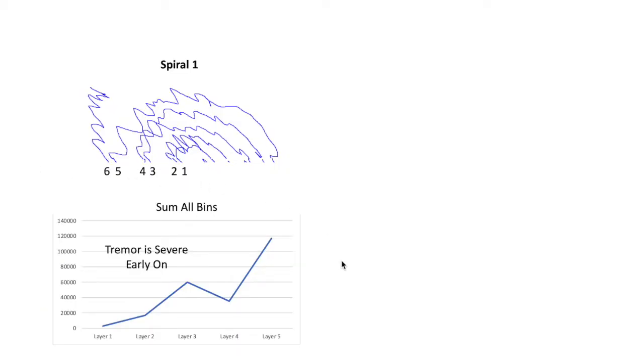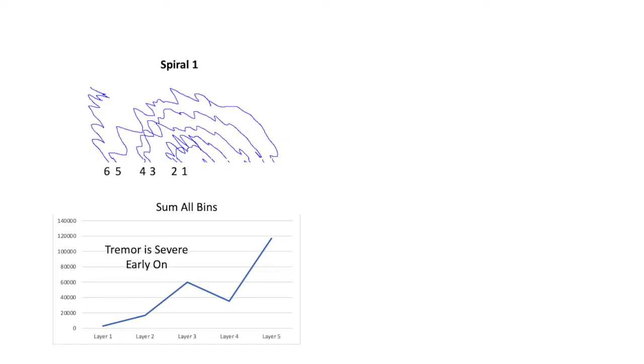Starting with spiral 1, we see that the tremor increases very quickly and is present very early on. It climbs at layer 2, increases at layer 3, dips a bit at layer 4, because here we know that layer 4 actually intersects with layer 3 instead of being distinct and outside of it. But eventually, as you go to further layers, the tremor increases dramatically.